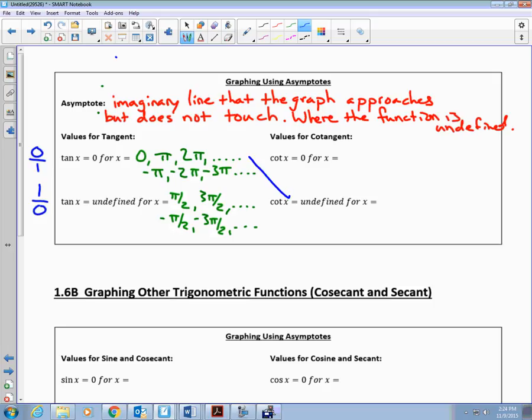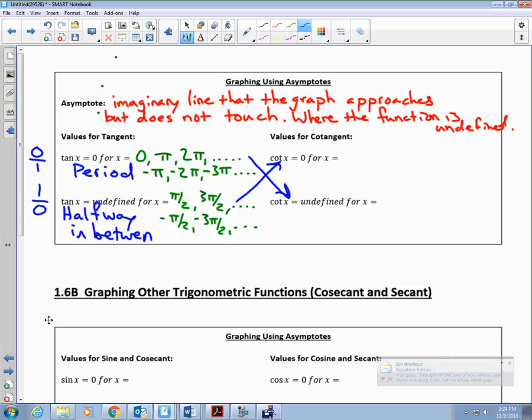In fact, they will just switch. Okay? Tangent is equal to 0 at the period. Tangent is undefined halfway in between. So will cotangent be equal to 0 at the period, or will it be equal to 0 halfway in between?